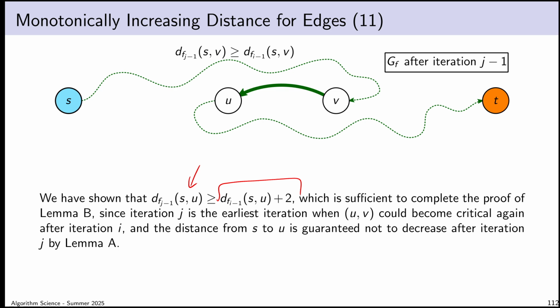So even if the edge does not become critical again until iteration j plus 100, as of then the distance from s to u will still be at least this number. Therefore, the next time an edge becomes critical, it will be at least 2 steps further away from the source vertex than it was the last time it became critical. All right, there's lemma B.